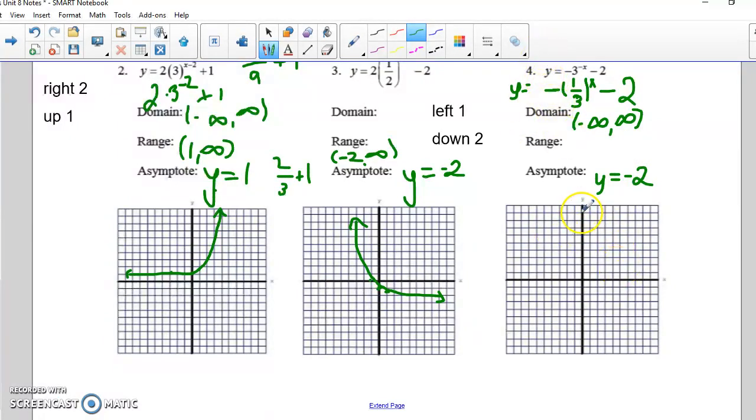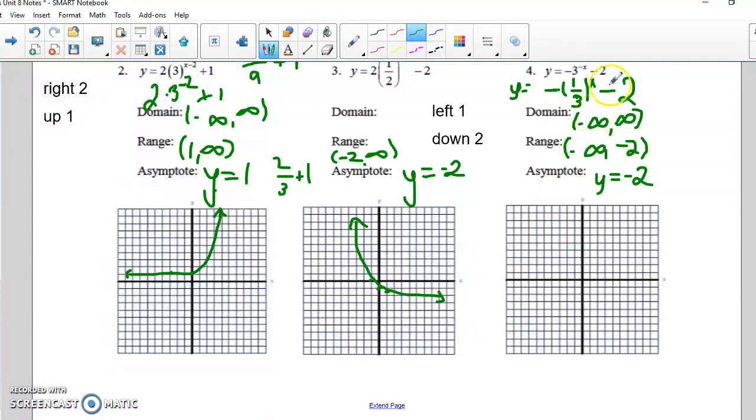Well, this negative sign is actually going to take our function as if it were a positive exponential and reflect it horizontally over the x-axis, like so. So instead of having our values up here in the positive range, we're actually going to have negative values for our range. So that means that our range will be negative infinity to negative 2, because that's what the negative sign does.